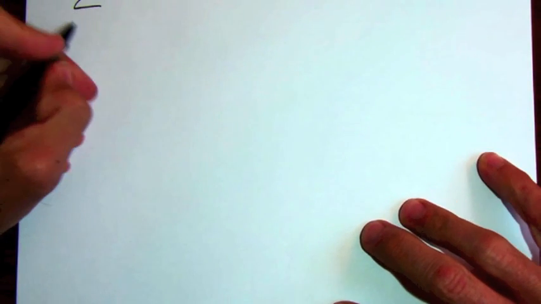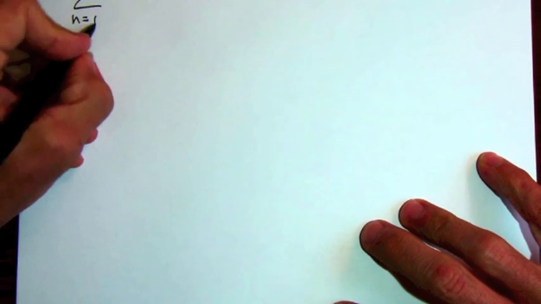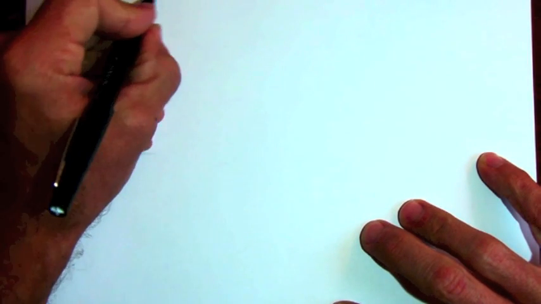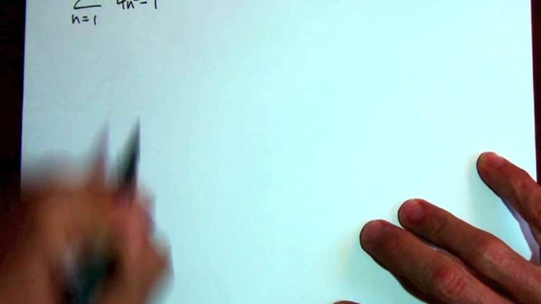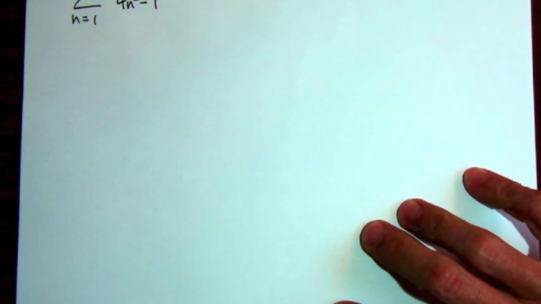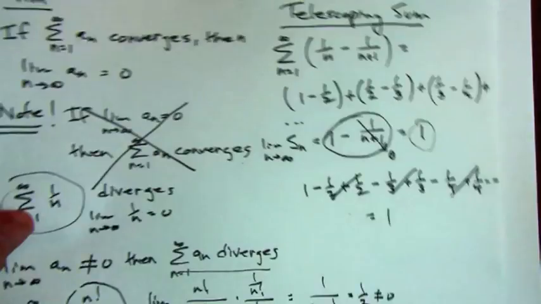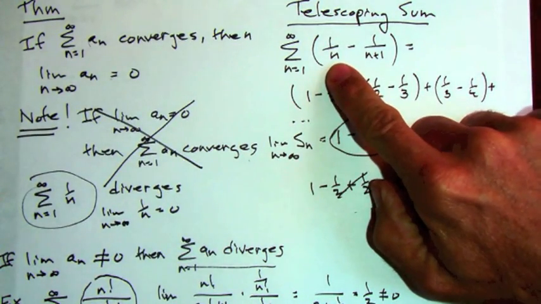I just want to show one more example of a telescoping sum where it's not so obvious, at least initially, that we have a telescoping sum. So here's the example. If you just look at it, it doesn't look like the one that we had previously, where you're just taking one thing and subtracting something else.